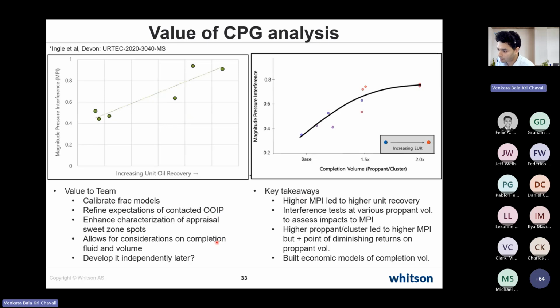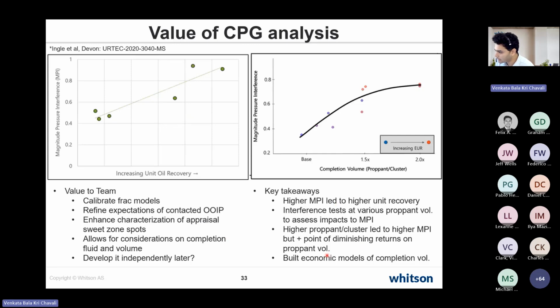It refines those expectations for contacted OIP, especially when you're looking at infill wells versus parent wells versus half-pounded wells, etc. And it allows you to appraise sweet spots and maybe rethink what your completion volume would be, right?